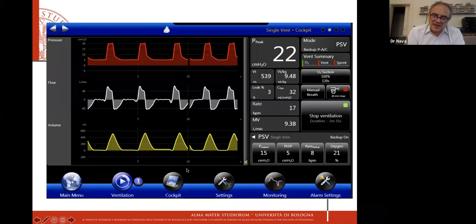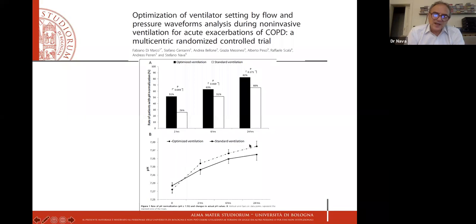Here is more or less what we got concerning pH: optimized ventilation based on the screen diagram and on the screen traces, and standard ventilation based only on numbers at the side of the screen.